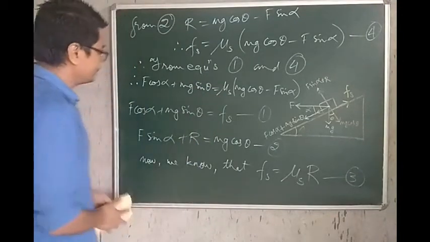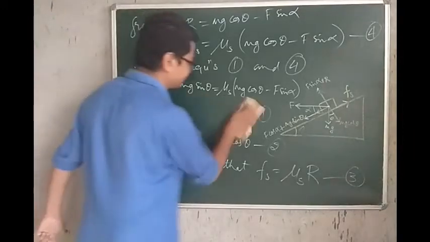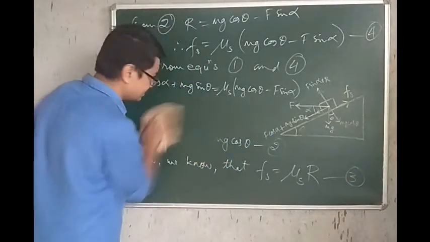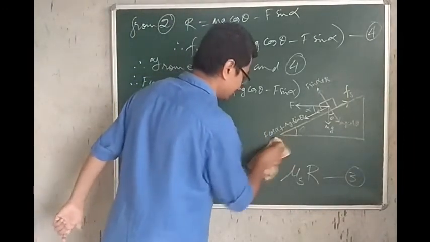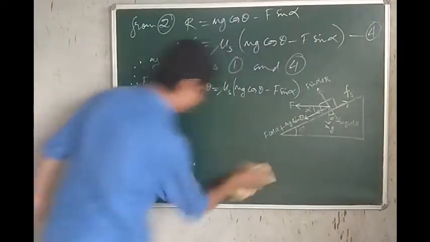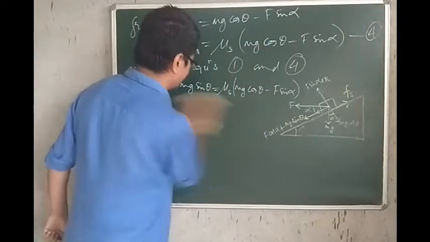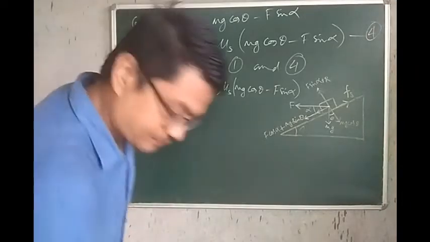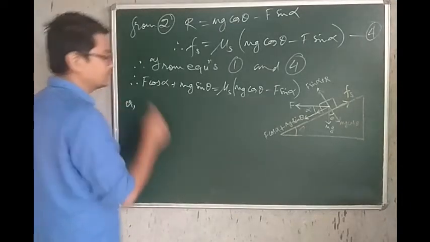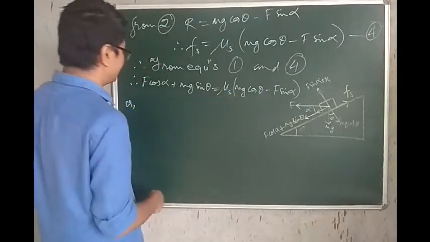Let us try to further simplify it. Let me erase the whole thing over here. I hope you copied this, of course, after pausing the video. Or let us further simplify this.